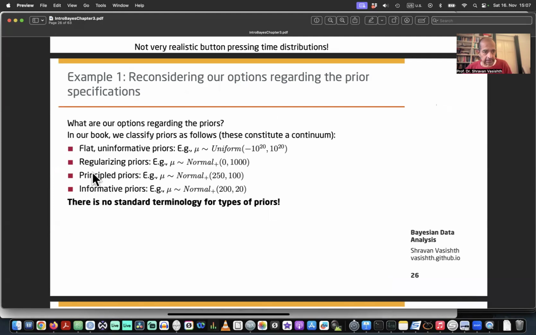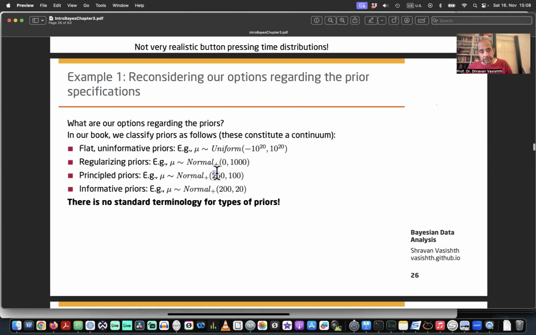Another one to consider is what we would call principled priors, which are not just regularizing, but also contain some principled decisions about what the mean and the standard deviation should be, based, for example, on domain knowledge or expertise or previous experiments that you might have done. So you can use prior knowledge or prior data to decide on what a reasonable prior distribution might be.